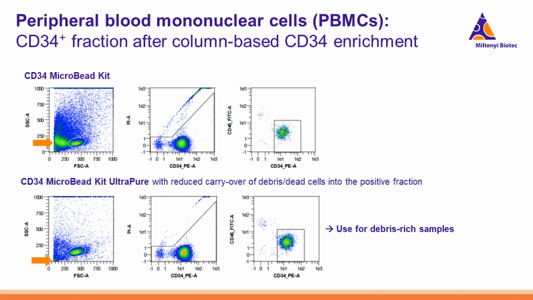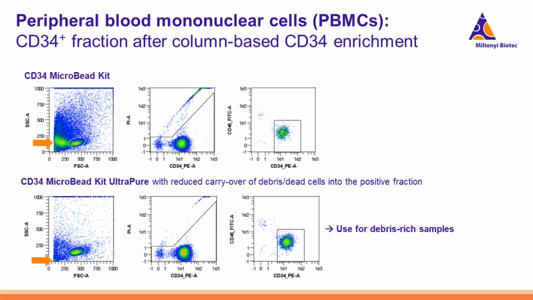Here, the starting material was peripheral blood mononuclear cells, PBMCs for short. The separation was performed either with the CD34 microbead kit on the top or the CD34 microbead kit UltraPure on the bottom. Shown is the positive fraction of the PBMC sample after separation.